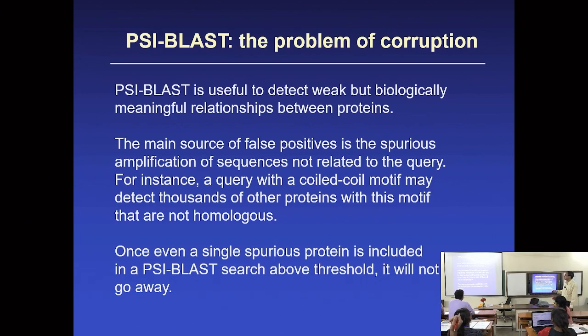So a query with a coiled coil motif may detect thousands of other proteins with this motif that are not homologous, because this motif is so ubiquitous. Similarity could be because of the presence of this motif, not because they share a common ancestor, not because they are homologous, right? And the goal often in sequence alignment is to find homologous sequences.